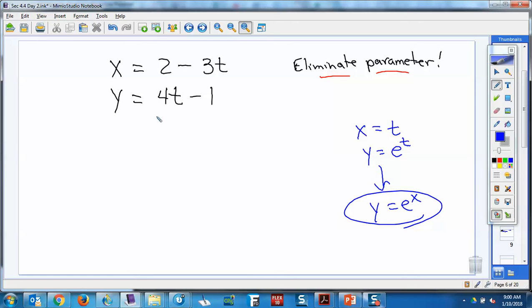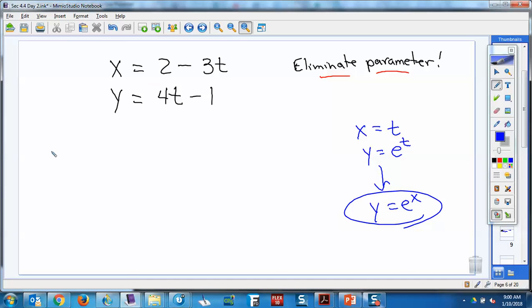Just like we said, you get part of a parabola depending on what you set for your window, and they'll tell you what to use. They might say, do this from time 0 to 2. So you put a 0 in for t, put a 2 in for t, and basically it's going to be a line segment. Anytime both of these are linear, it's going to be a line.